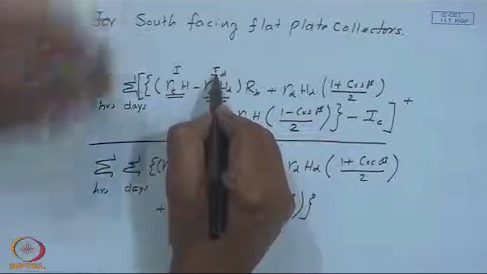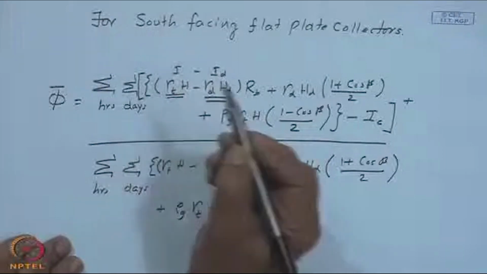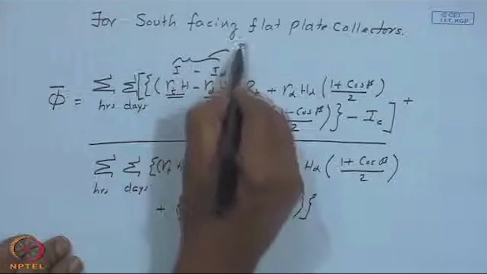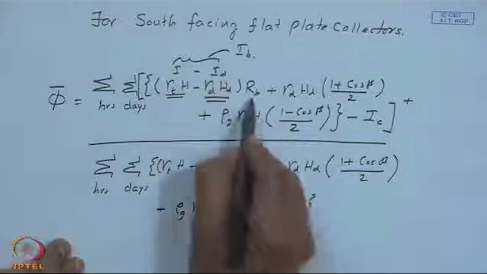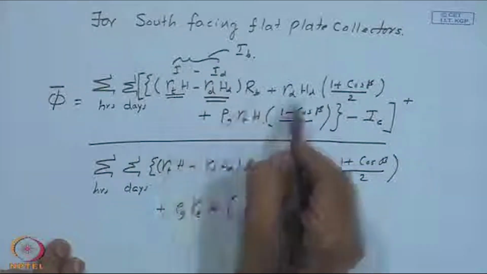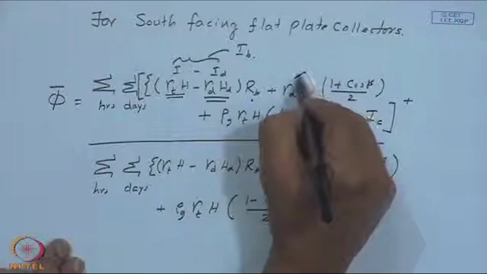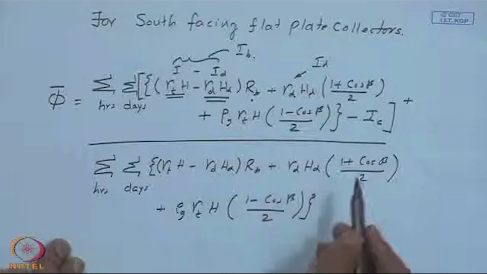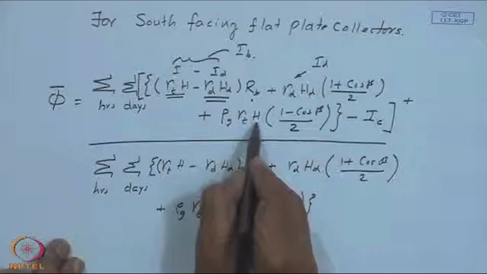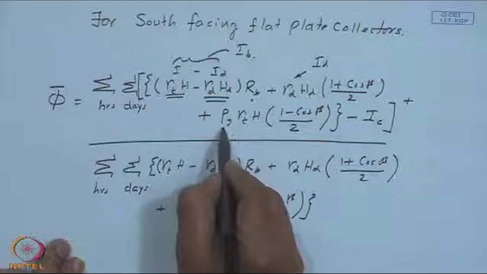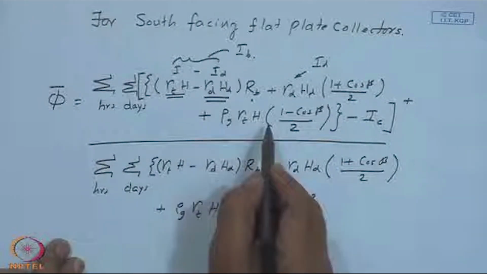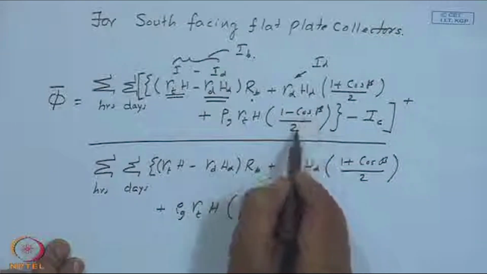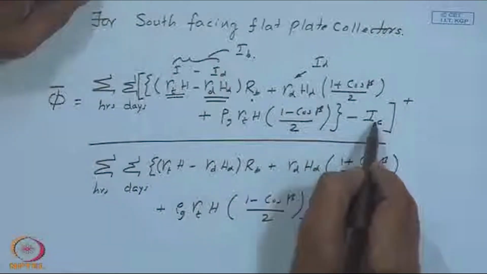So, this makes it I minus I d, which is nothing but my I b, the direct radiation, that multiplied by the tilt factor, and R d into H d is again nothing but I d times 1 plus cos beta by 2. R t into H is I multiplied by rho, the ground reflectance, will give me the ground reflected component multiplied by the corresponding view factor 1 minus cos beta by 2, minus I c.